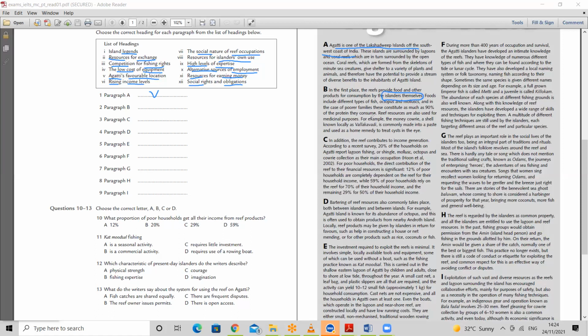But again, what it reminds you of is that the food is for consumption by the islanders themselves. It's only for the people who live on the islands. If you look at the list of headings, it says the resources for islanders' own use, because it's not for people outside the islands. And for this, I think the best answer should be number 8.